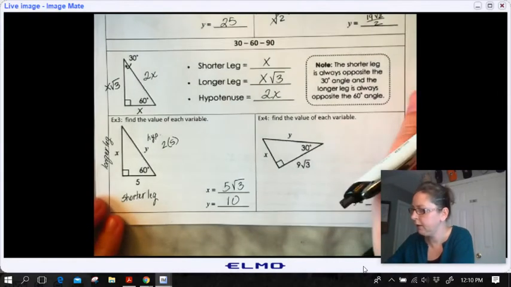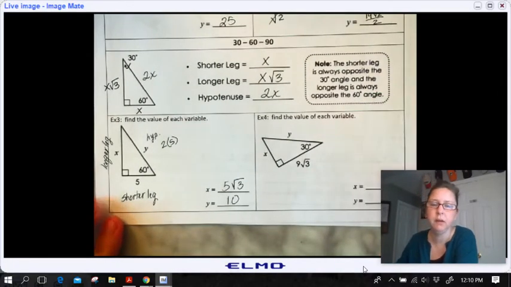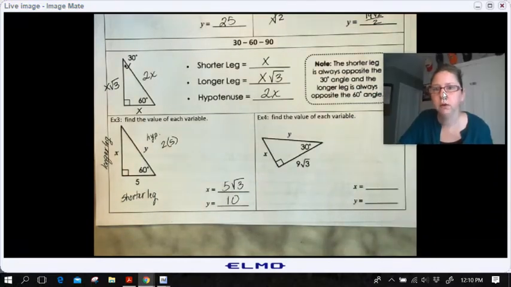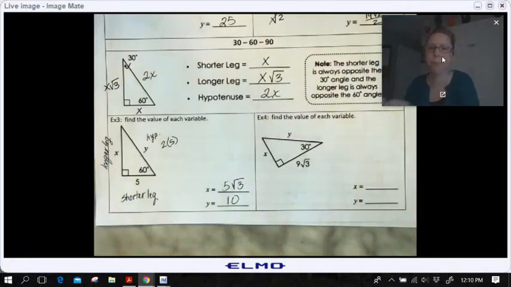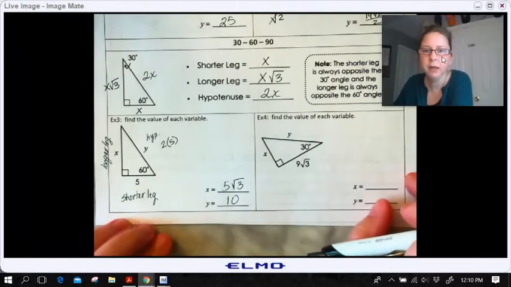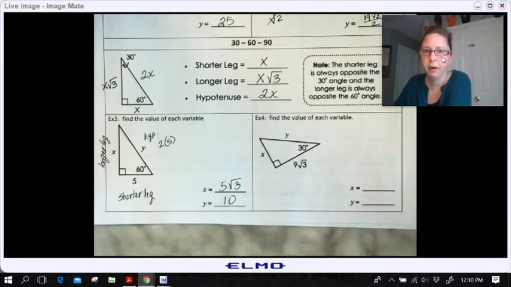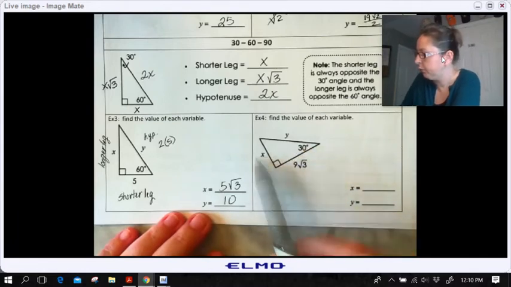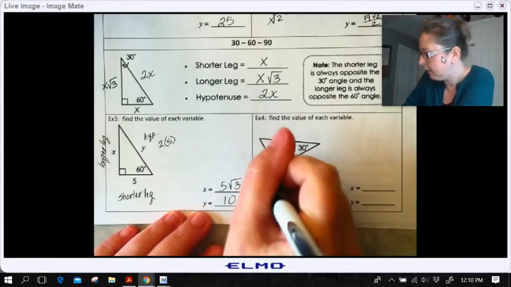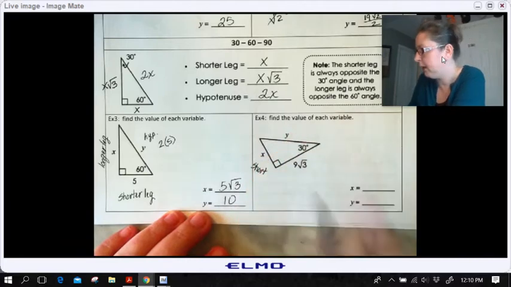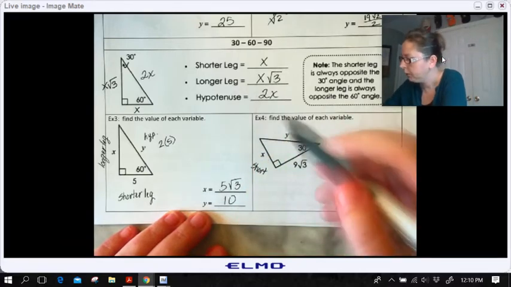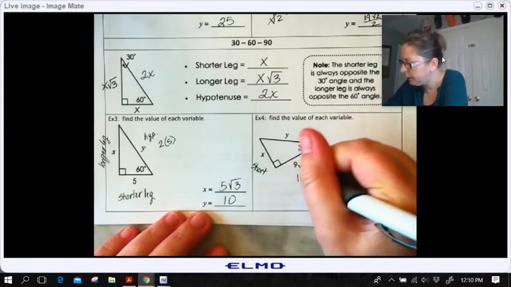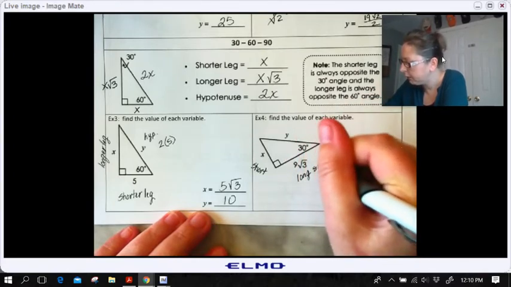Let's take a look at our second example of this. So find the value of each variable. I see the 30-degree angle here, which means that this x is the short side. And so this 9 square roots of 3 is going to be the long side.